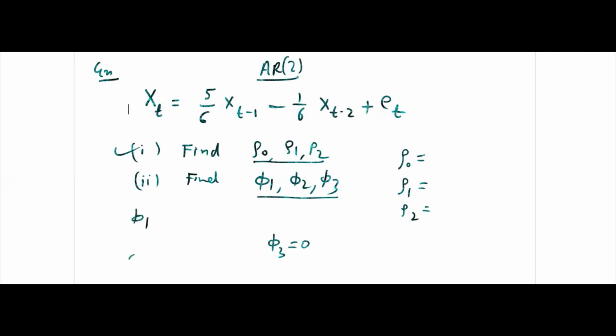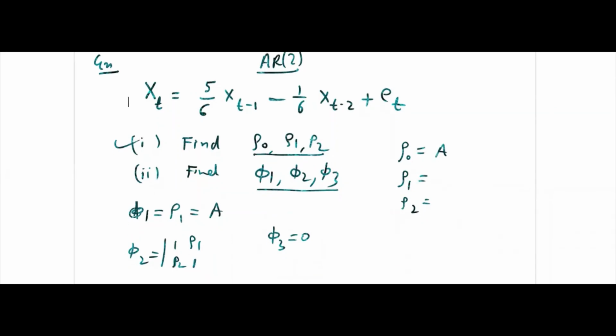For phi 1 and phi 2 you have the formula, you can use that formula. Phi 1 is rho 1, whatever you get you write here. And for this one you can always write this way: 1, rho 1, rho 2, and here you have to start with 1, then this is over. This is one part only.